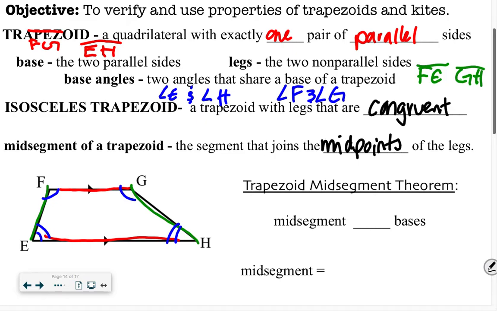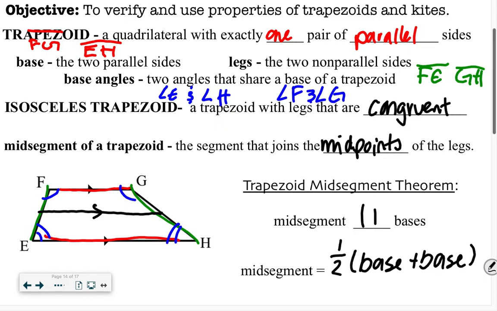So, if I guesstimated, that would be our mid-segment. The mid-segment is parallel to our bases. Just like our bases are parallel, our mid-segment is also parallel to those bases. And the formula again, mid-segment is 1/2 times base plus base.